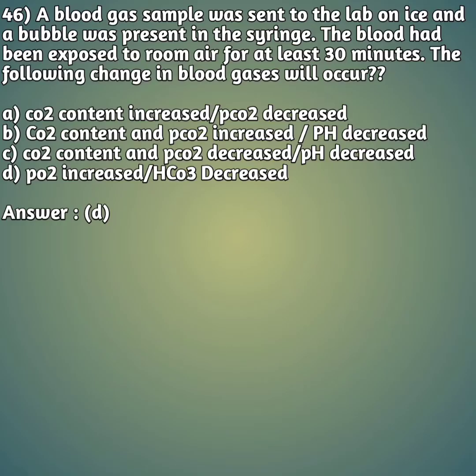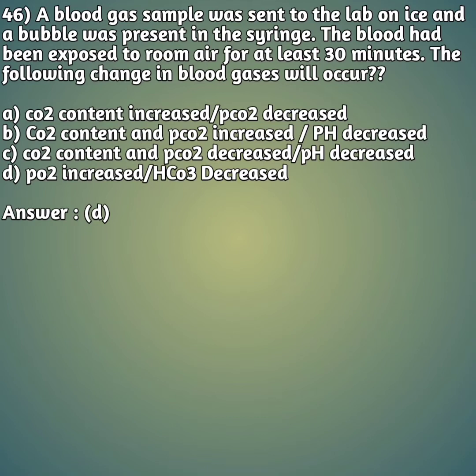So our 46th question is: a blood gas sample was sent to the lab on ice and a bubble was present in the syringe. The blood had been exposed to room air for at least 30 minutes. The following change in blood gases will occur. So this is a kind of case study, friends, regarding blood gases. Option A, CO2 content increased or PCO2 decreased. Option B, CO2 content and PCO2 increased or pH decrease.